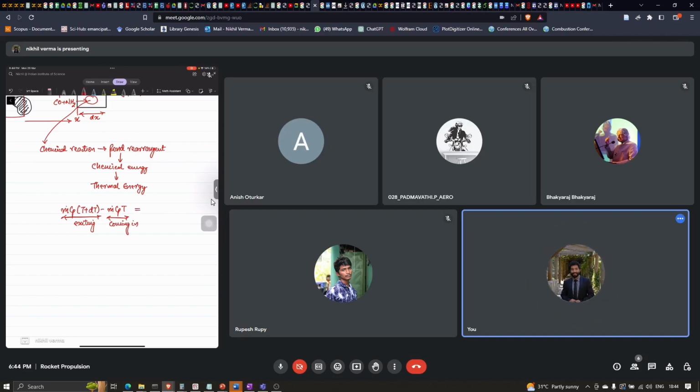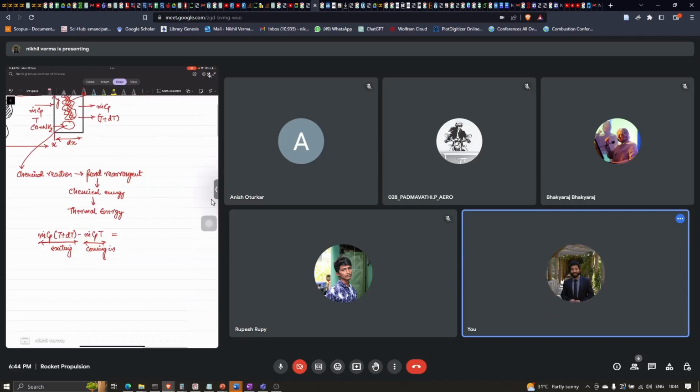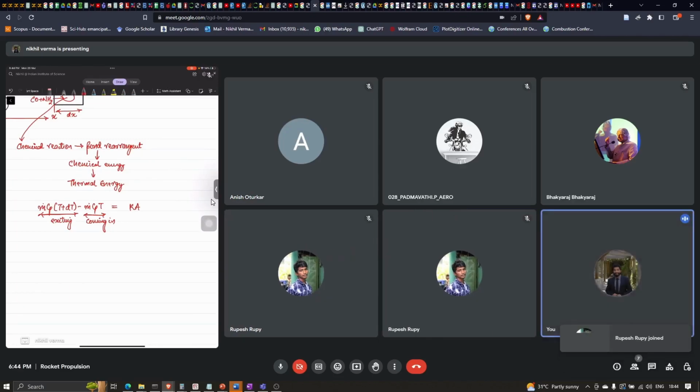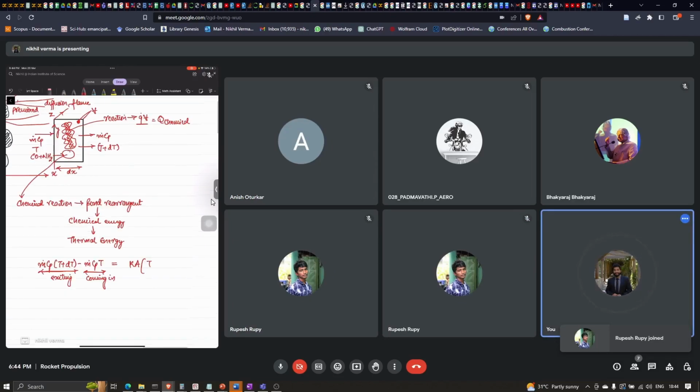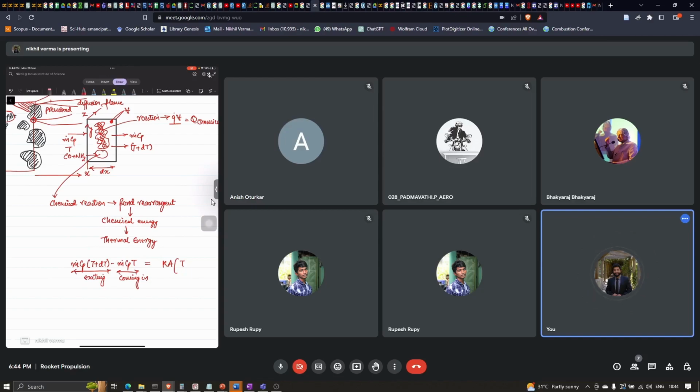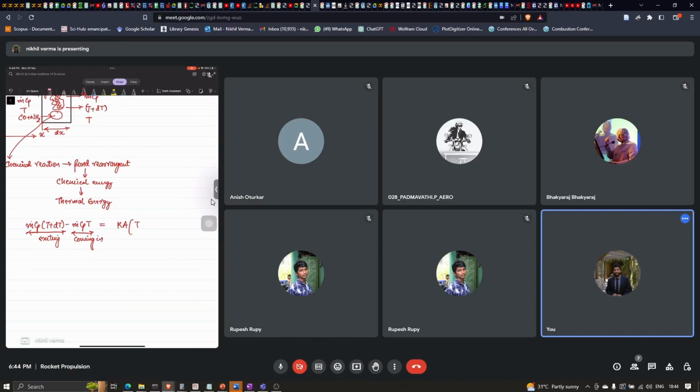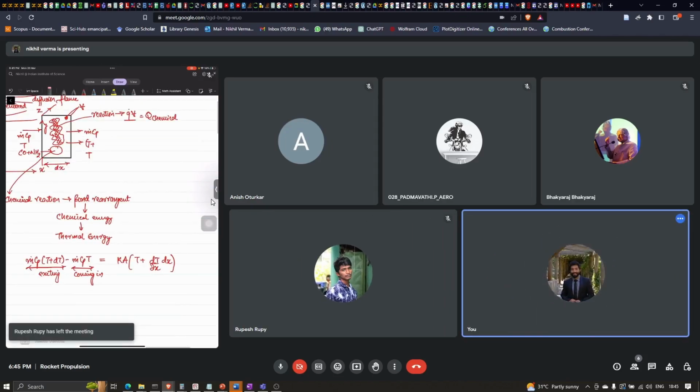That will be equal to the conduction, basically, K A. If you take the conduction part, the temperature here can be written as T plus dT/dx times dx. Okay, this temperature can be written as this part, no?